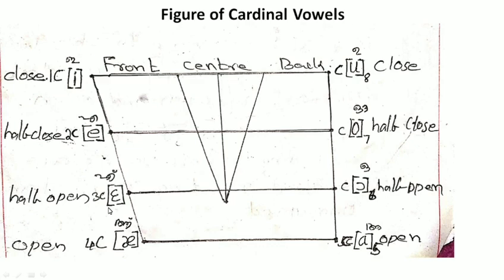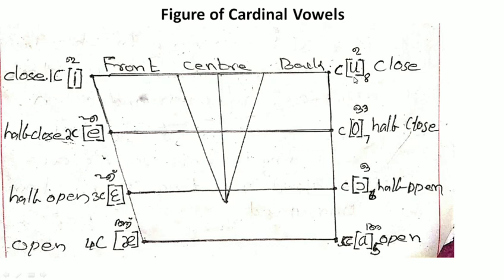And we can define these cardinal vowels. This is front cardinal vowel number 1, that comes in closed position, that is known as E. You can see here, that is put in square brackets. All of the 8 cardinal vowels are given in square brackets.